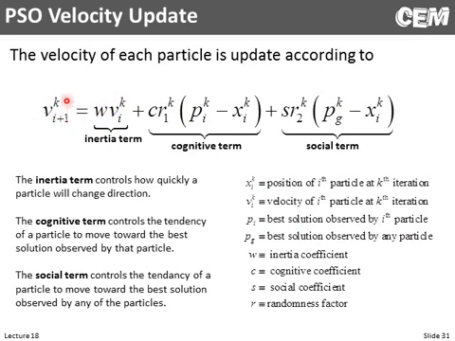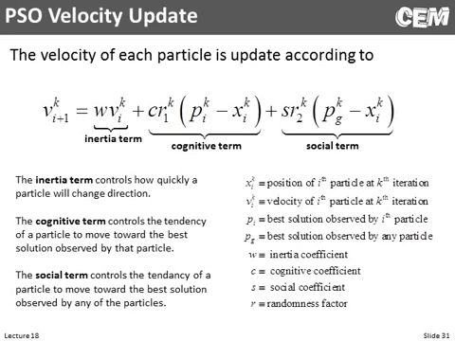If, for example, the new velocity is always equal to the old velocity, we would say our particle has a lot of inertia. It's hard to knock off that track. So the bigger this W term, the more the inertia, the harder it will be to steer the particle. The benefit is that if it does not turn abruptly, it will turn slowly and seek out more of the solution space. That's good, but it's also bad because it takes longer to do that.